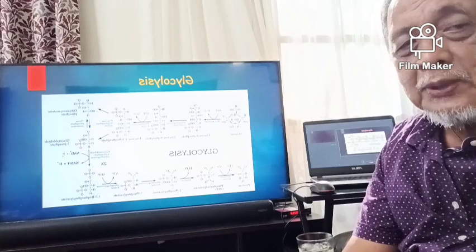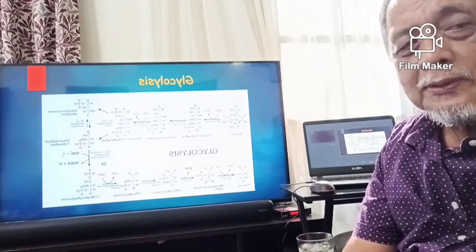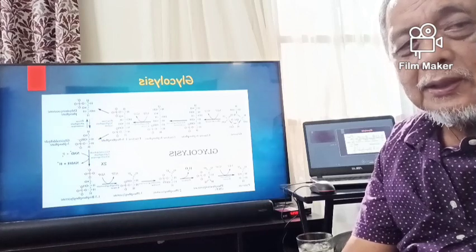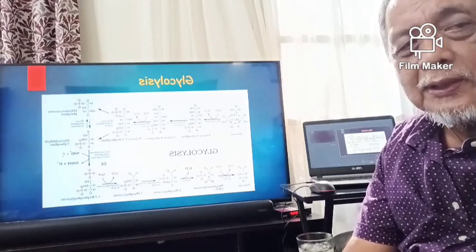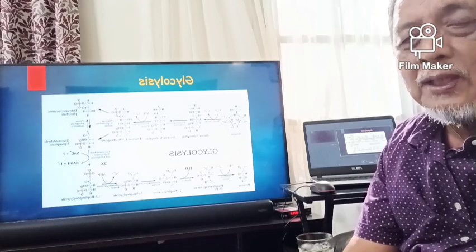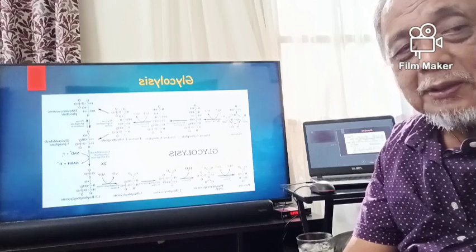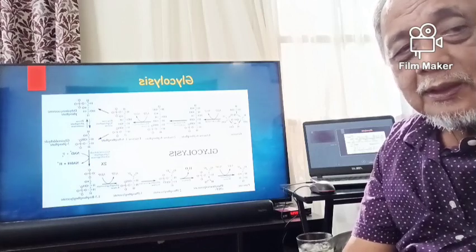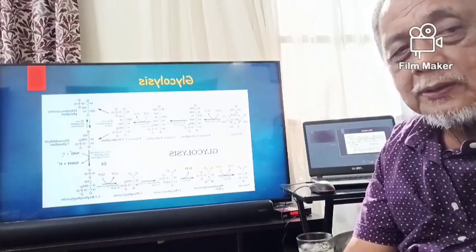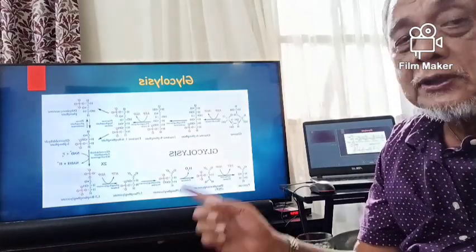So I think that should be clear enough for those who still doubt the causation of obesity and the deposition of unwanted fat, because we have not yet debunked the different myths about fat. Anyway, so this is the pathway.